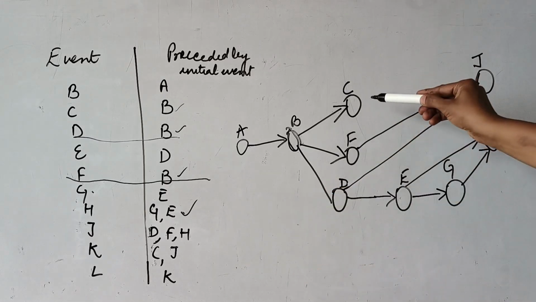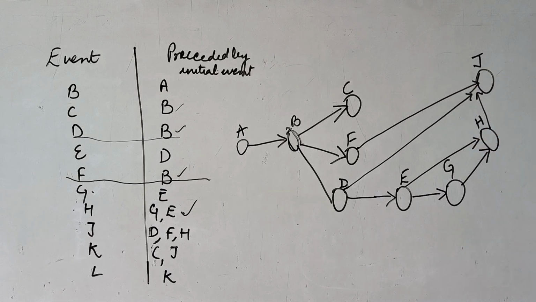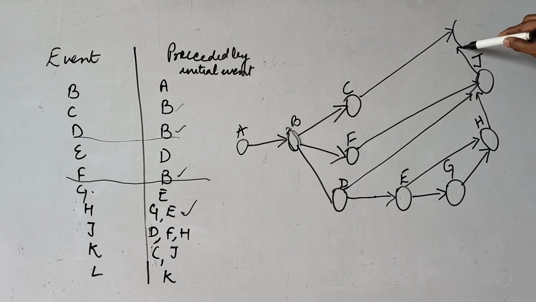C and J are drawing K. This is C and J. So C and J will be merging at K. Let us take it like that. C and J, give it a node, event, and name it K. From K, L is coming, and in the last we have only one node, that is L.